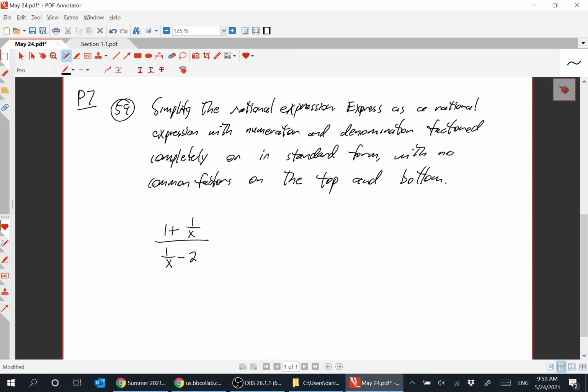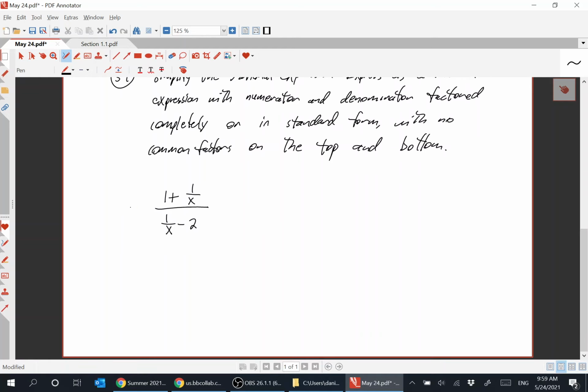Here's the rational expression, but it's got fractions within fractions, and typically you don't want to leave it in that form. You want to resolve the nested fractions into just one fraction with the numerator and denominator that are both rational expressions and factored or standard form. Standard form being a sum of monomials, right?